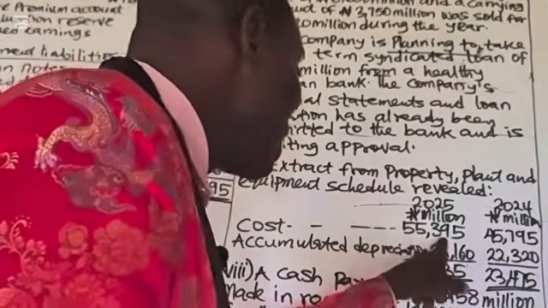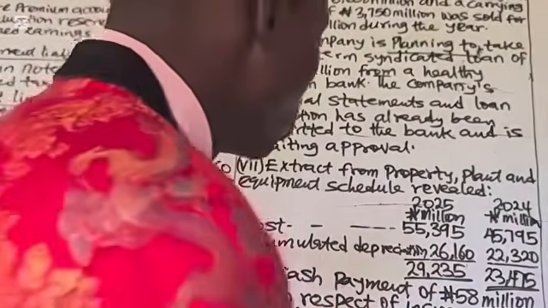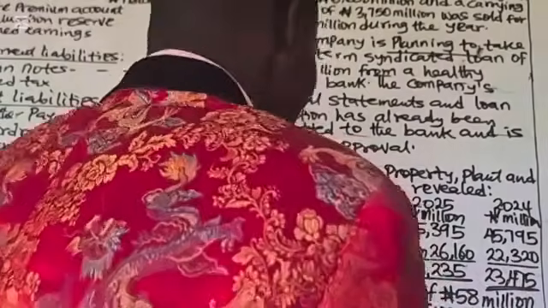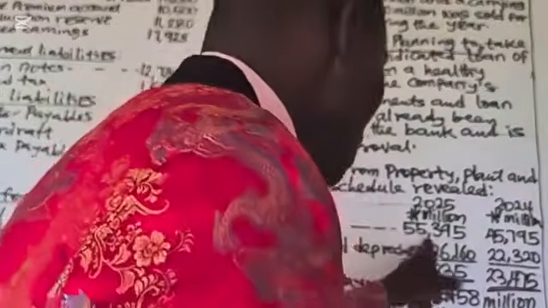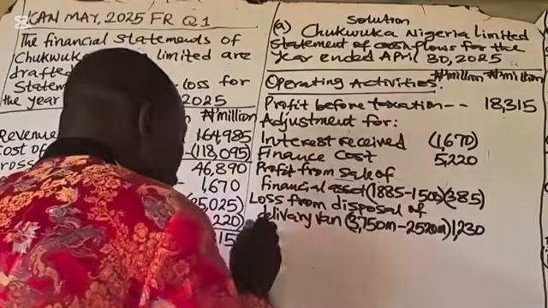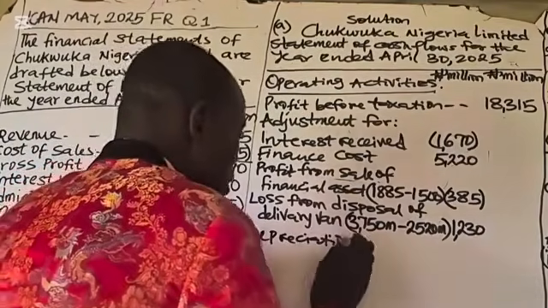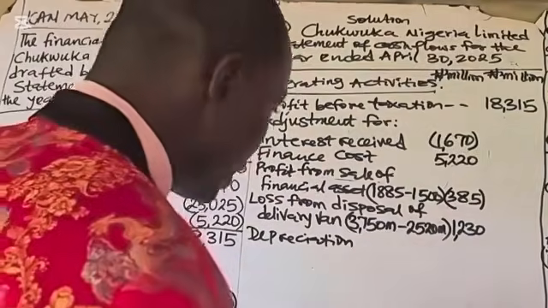So the depreciation charge in the year would have been expensed in the statement of profit or loss. We will need to find the difference and add it back, because depreciation is not a cash flow, it's a non-cash item. How much is the depreciation charge in the year?